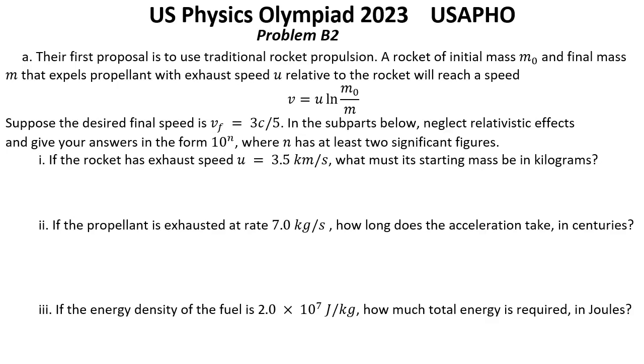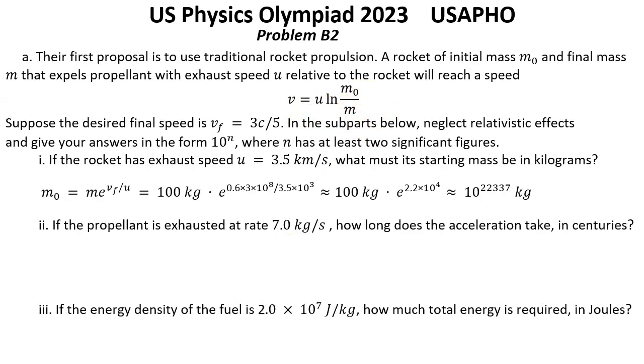Solution for Part A. Question 1. If the rocket has exhaust speed u equal 3.5 km per second, what must its starting mass be in kilograms? Solution. We can use this expression for final speed to express m0 through other parameters.